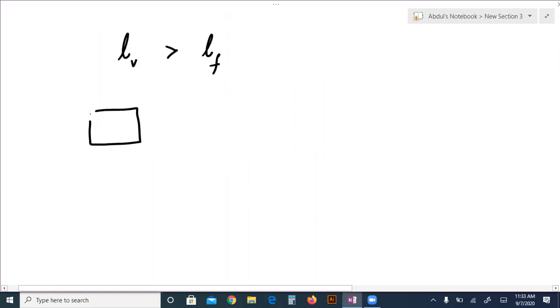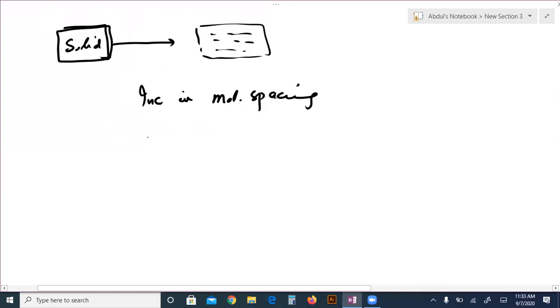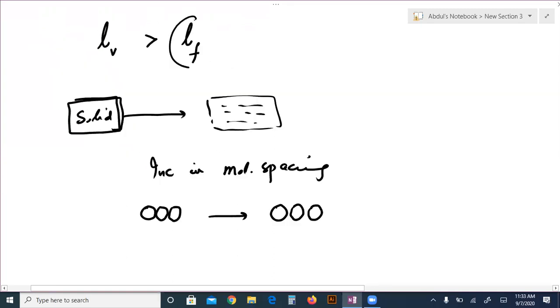Suppose this is the substance in solid form. When it is converted into liquid, there is an increase in molecular spacing. How? The molecules are tightly packed in the solid, but in liquid there is some spacing. So the specific latent heat of fusion is used in increasing the spacing.